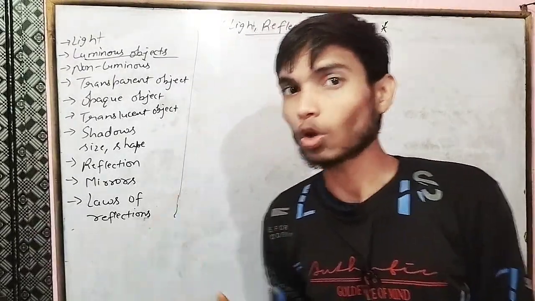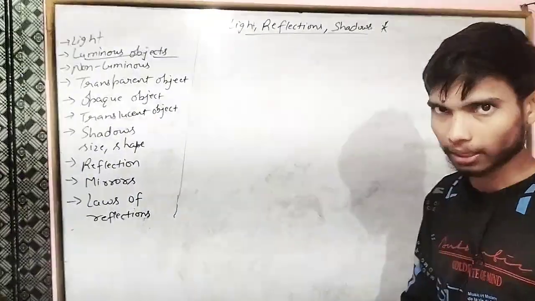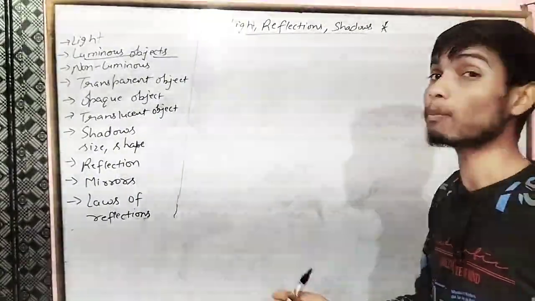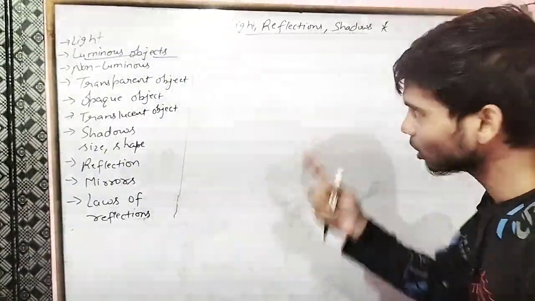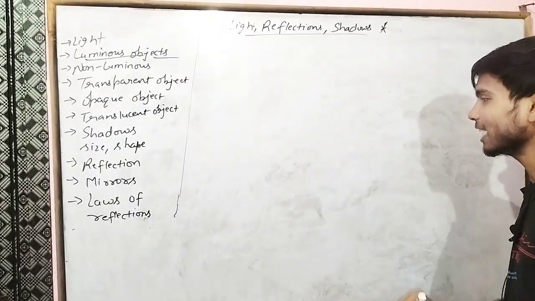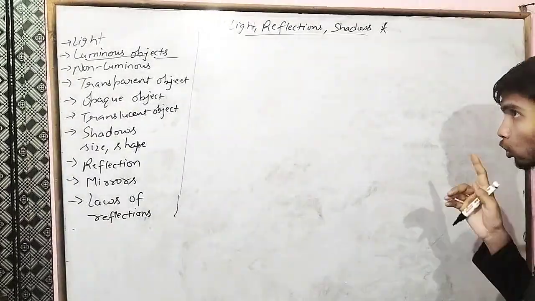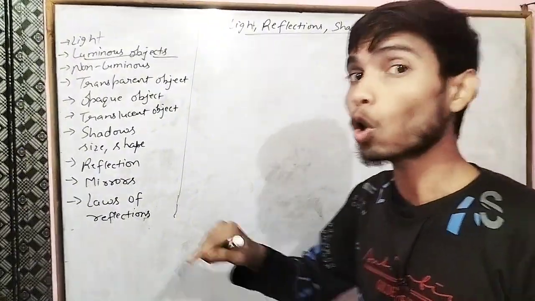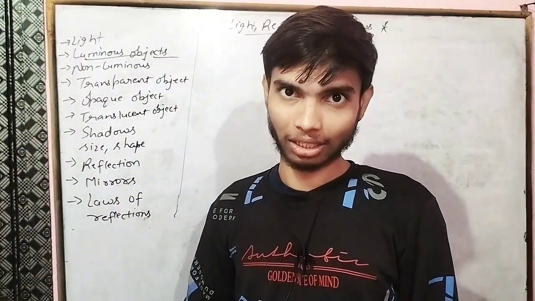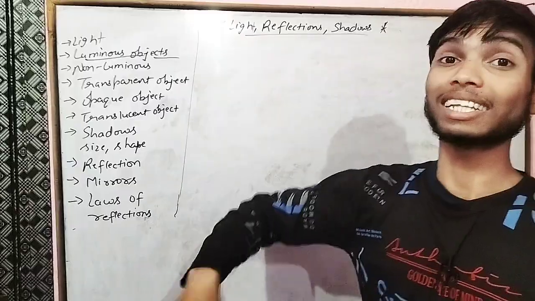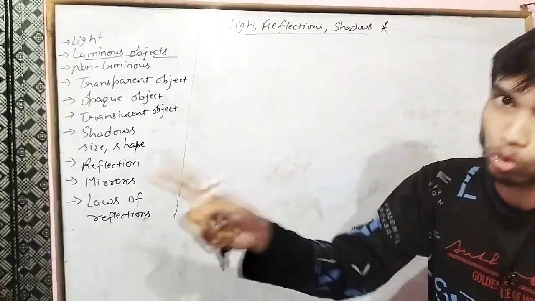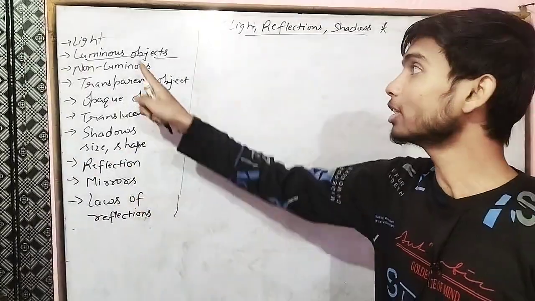The definition is: any object that has its own light, that can emit its own light, will be kept in the category of luminous objects.